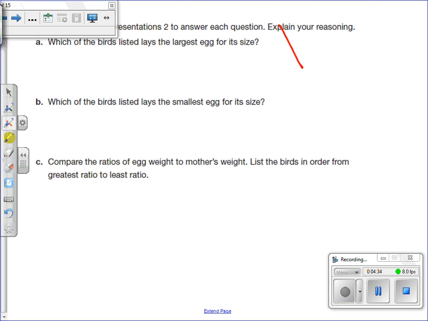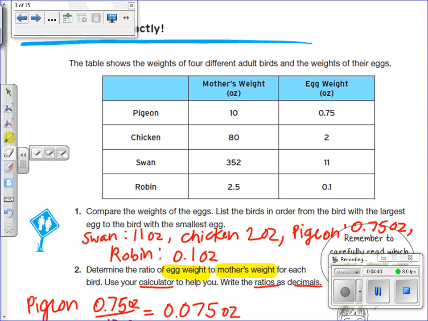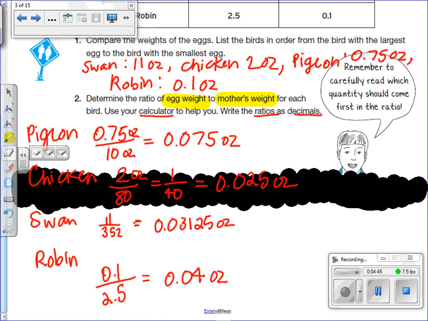If we look back on this slide, we can see the largest egg for its size would have to come from the pigeon, because 0.075 is greater than any of the other decimal forms that we have.